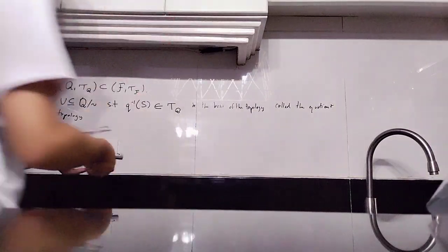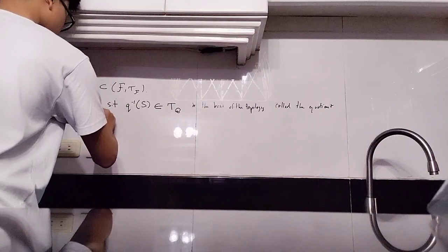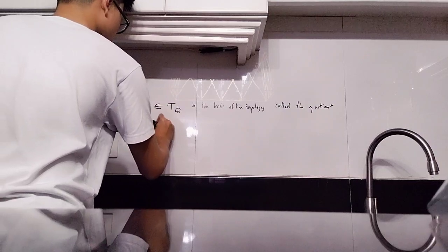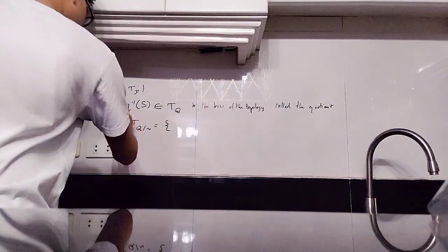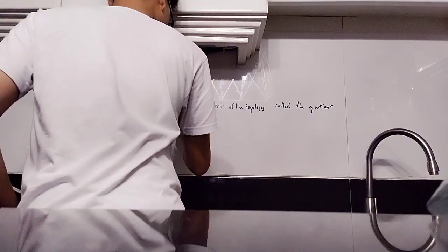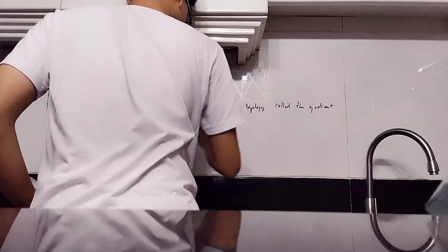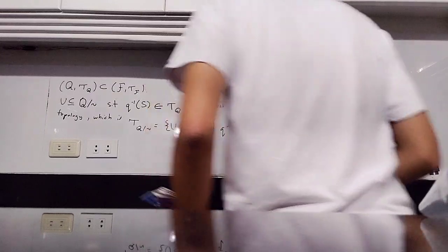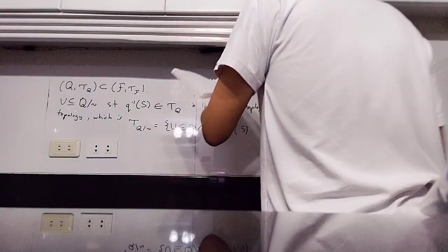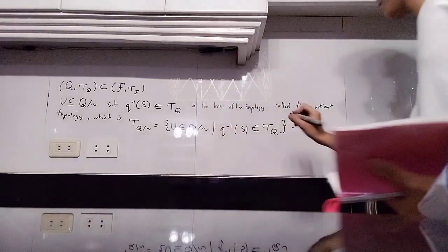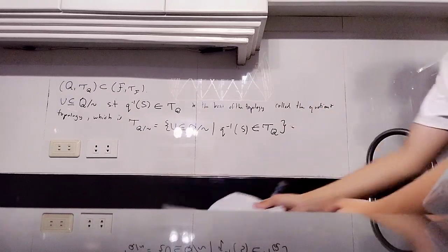And the full quotient topology is this over here. So the topology of Q mod the equivalence relation, which is that. So it's all these open sets U inside Q mod that equivalence relation, such that the pre-image of the canonical projection of S is inside the topology of Q. And that is the quotient topology.